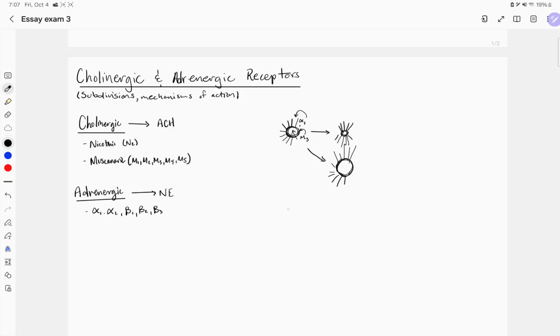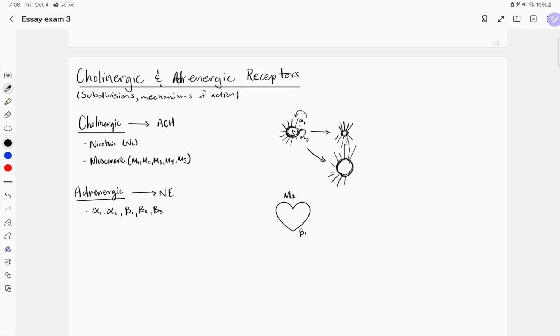Let's look at another effector organ, the heart. I wonder if I can do this. Oh yeah, there we go. All right, so we have 2 different types of receptors on the cells of cardiac muscle. We have M2 and we have beta 1.